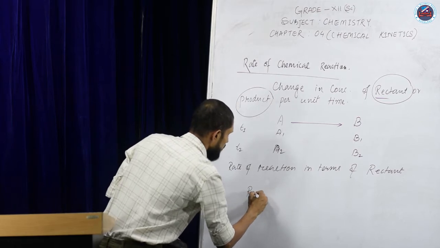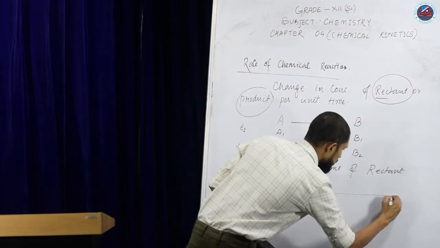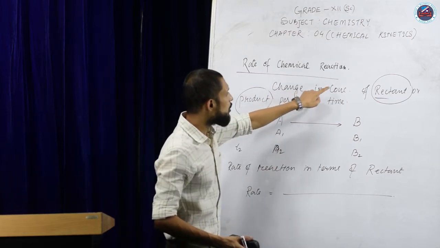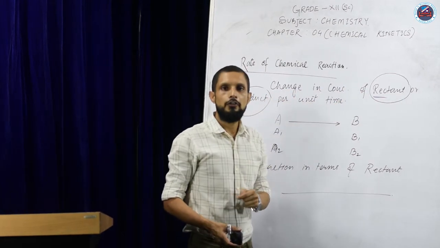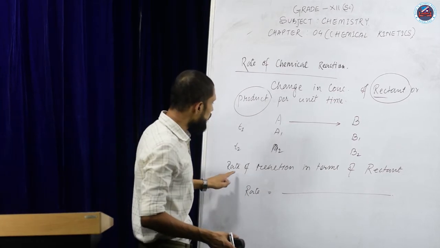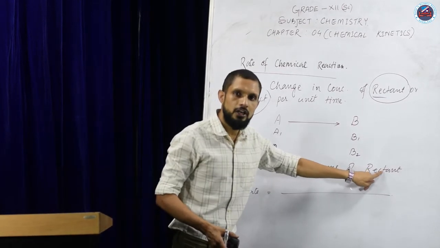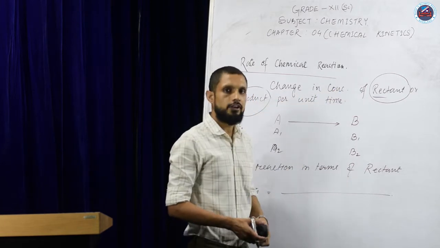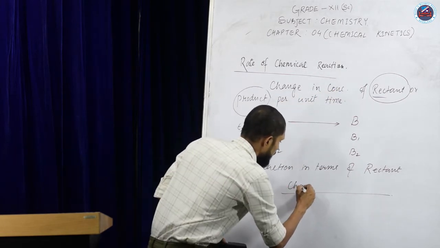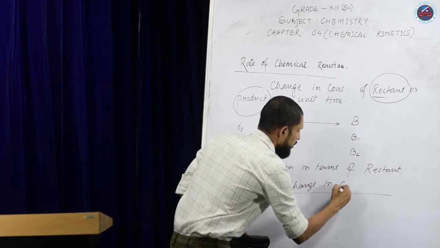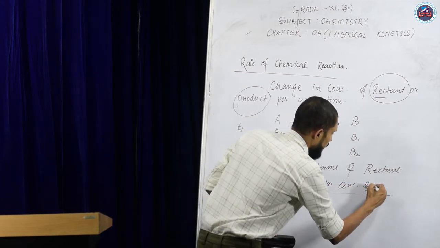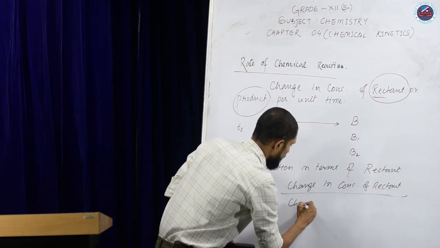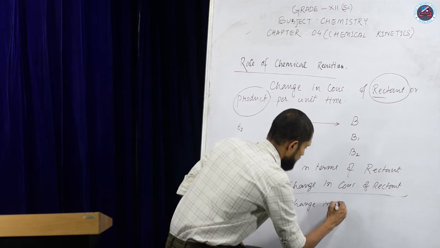So rate is equal to, now since it's defined as change in concentration of reactant, when you're writing the rate of reaction in terms of reactant, in numerator you write the change in concentration of reactant. So we'll write here change in concentration of reactant by change in time.